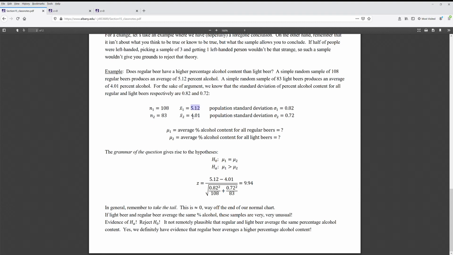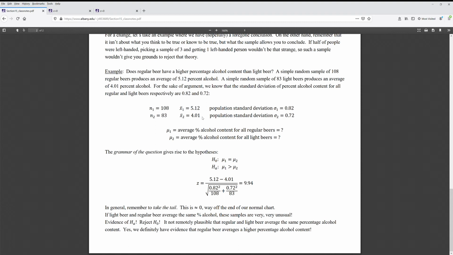So we have X bar 1 estimating mu1, we have X bar 2 estimating mu2, and we have the difference between these two things estimating the difference between these two things. In particular, if this is close to 0, then the difference here could plausibly be 0. If this is suspiciously higher than this, it might be evidence that this is higher than this. One thing's for sure, this is not suspiciously lower than this.